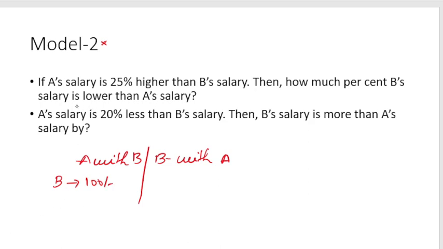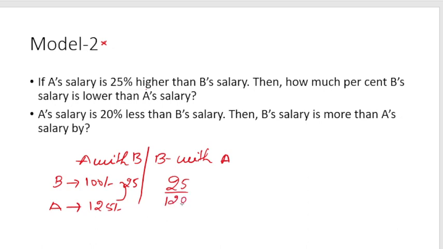Then A's salary is 25 percentage higher than B's salary, so A's salary will become 125 rupees. What is the difference here? 25 rupees. We have to compare this difference with A's salary, so that's why 25 by 125.